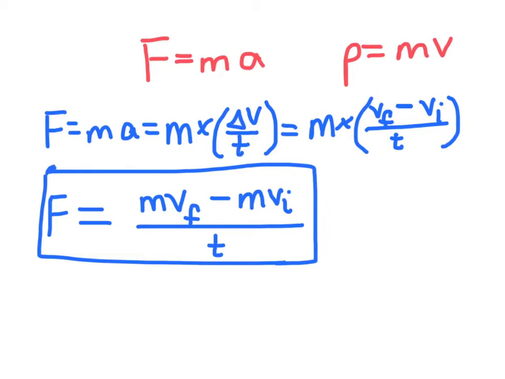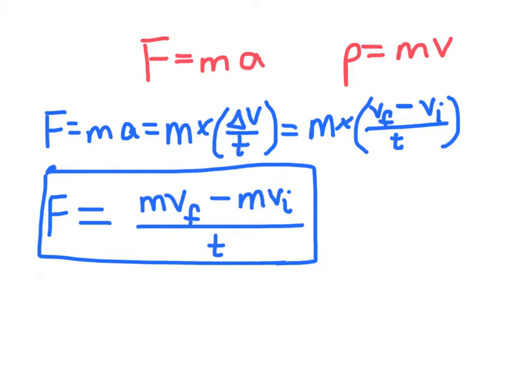I can see that my change in momentum here, mv is momentum, remember, m times v, the final minus the initial, is going to depend on the force and the amount of time that that force is exerted, the length of time.